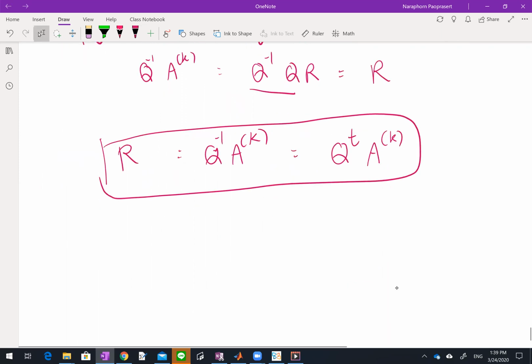So now the next Ak plus 1 equals R times Q, as we said earlier.